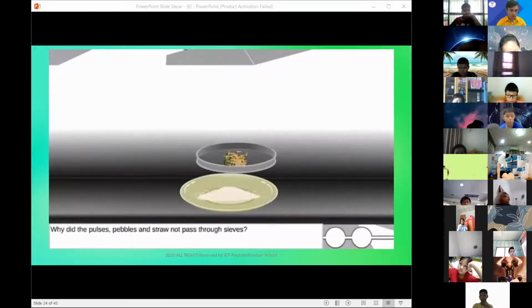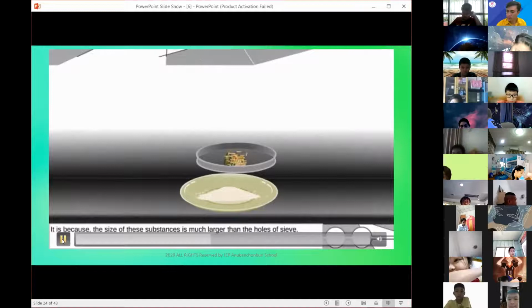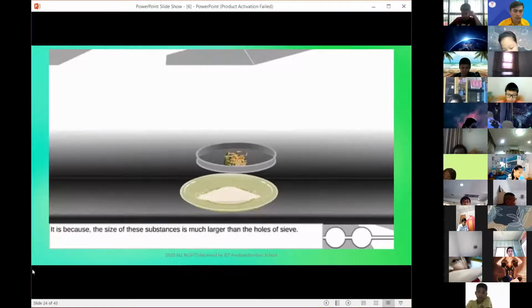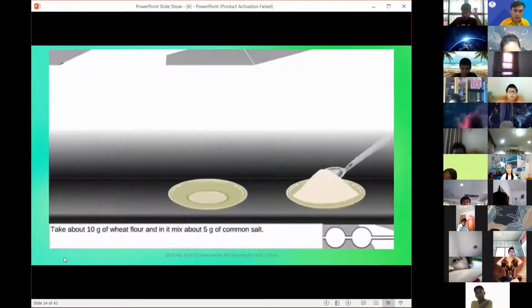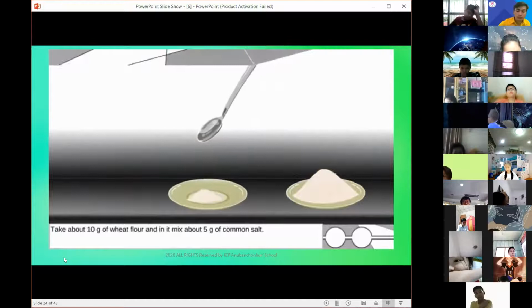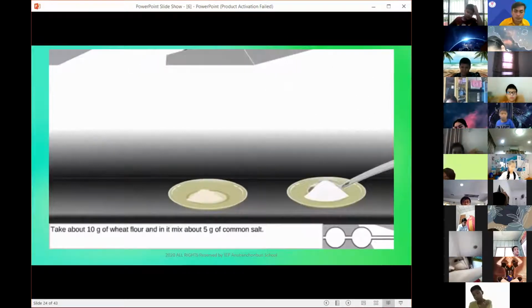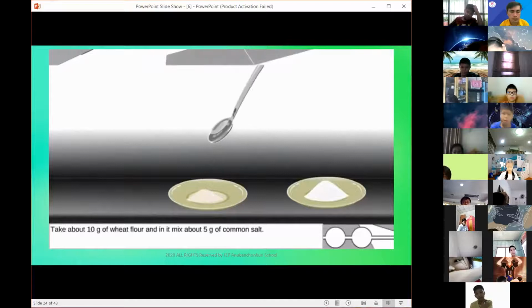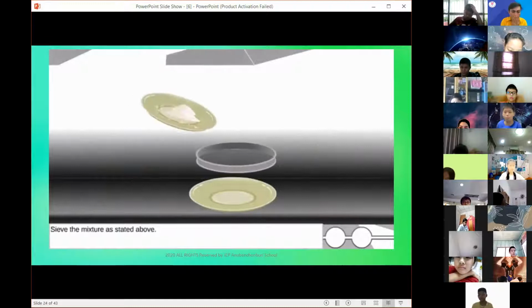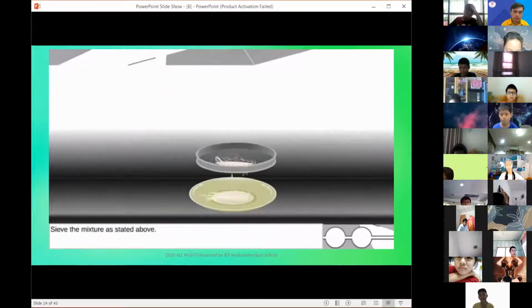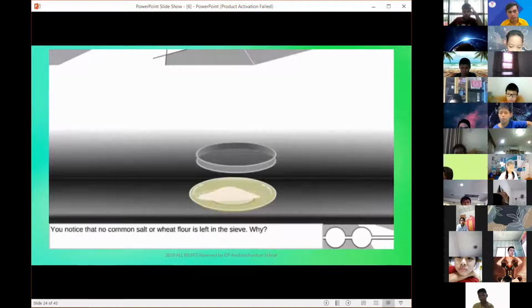Why did the pulses, pebbles and straw not pass through the sieve? It is because the size of these substances is much larger than the holes of the sieve. Take about 10 grams of wheat flour and mix in about 5 grams of common salt. Sieve the mixture as stated above. You notice that no common salt or wheat flour is left in the sieve.